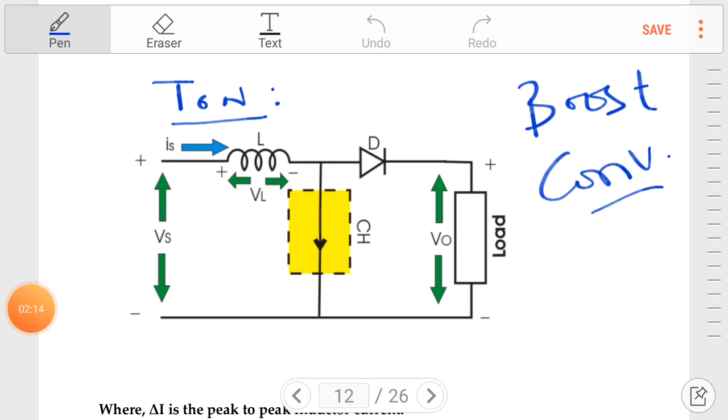In the diagram we can also see that when the chopper is on, the source current will flow like this.